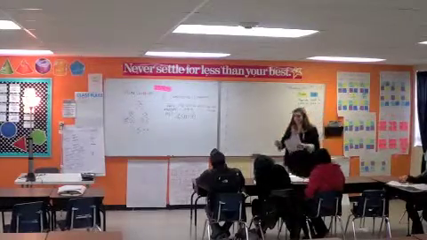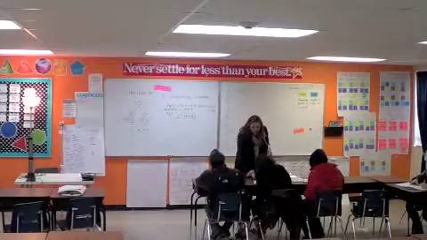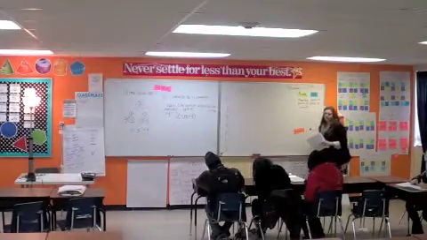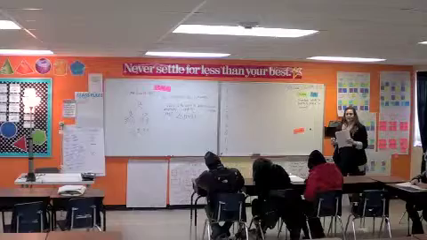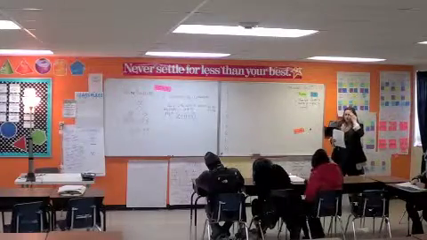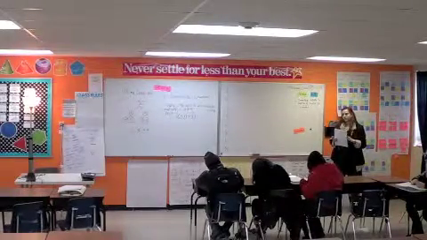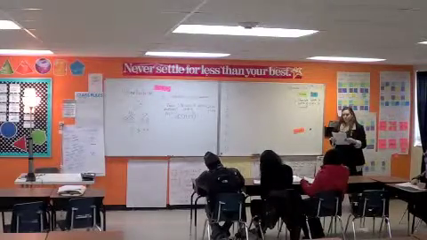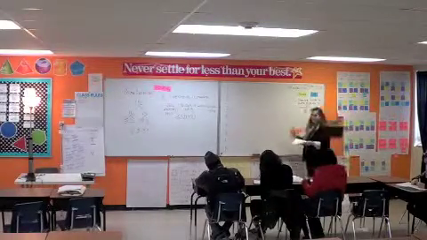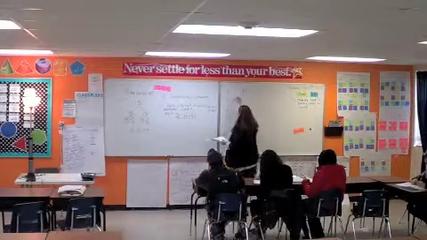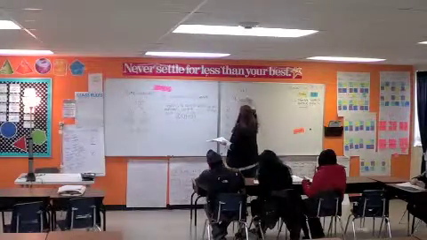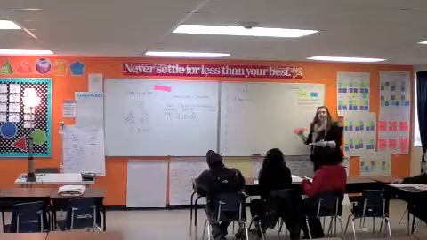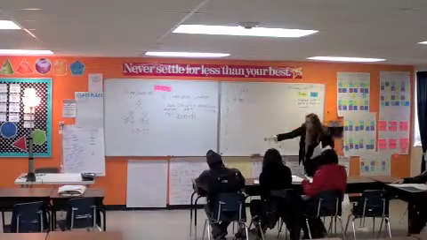And then after you write the words, just like I wrote here, you're going to translate that to an expression. Alright, I'm going to write the sentence up here now that you all have gotten it down. 4 less than x.